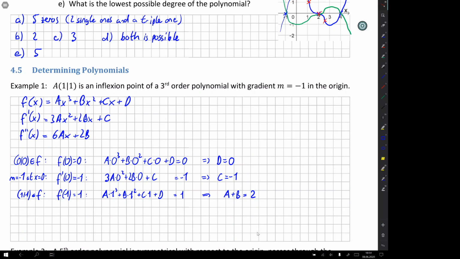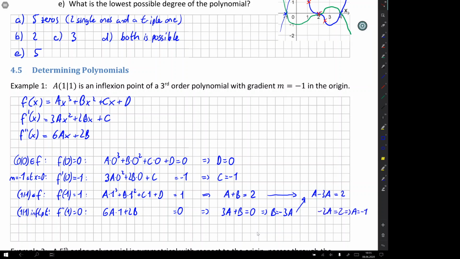And the last piece of information that we have is that this is an inflection point, so this means that the second derivative at x equals 1 is 0. So we can insert the 1 into this equation and set it equal to 0. Well, this simplifies to 3a plus b equals 0 by dividing by 2, and we can set b equal to -3a. Now we can insert this in here, and we get a minus 3a equals 2, which yields in the end that a is -1.